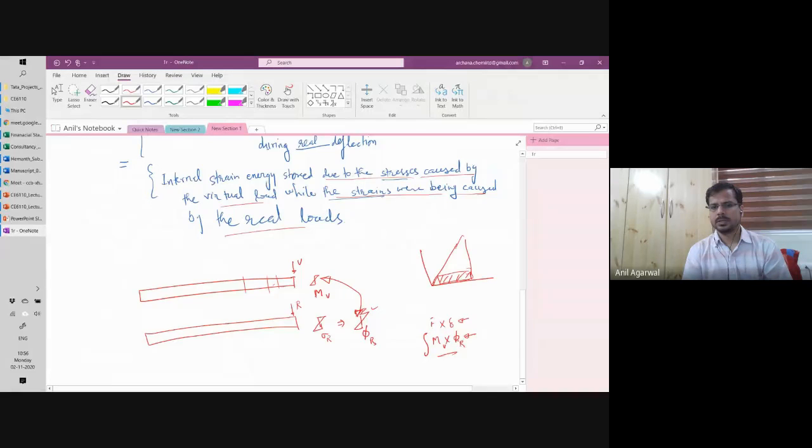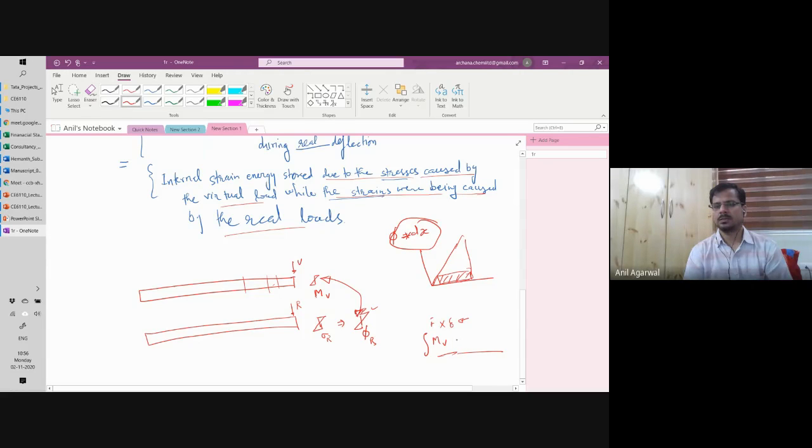Or in other words, you can say M dθ. More strictly speaking, it is M virtual multiplied by dθ real. Again, if you want to know exactly how we came to that, it is M multiplied by dθ, and dθ is nothing but M dx over EI.